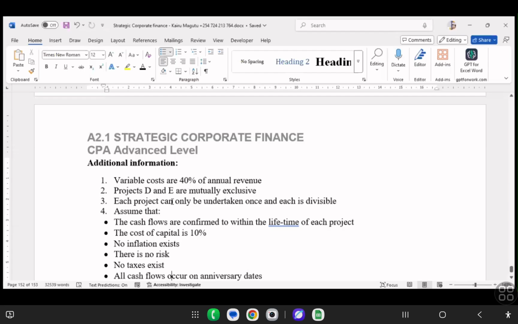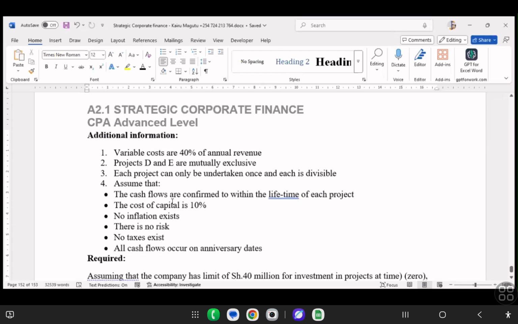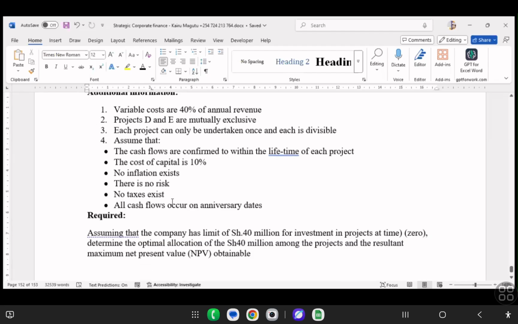Number 2, projects D and E are mutually exclusive. 3, each project can only be undertaken once and each is divisible. 4, assume that cash flows are confined to within the life of each project. Cost of capital is 10%, no inflation, no risk, no taxes.